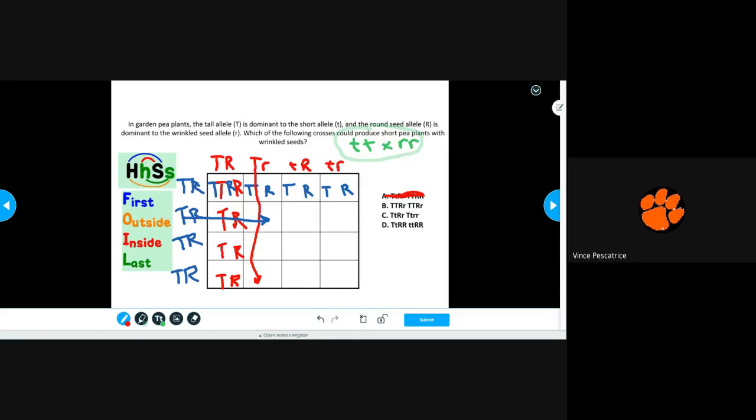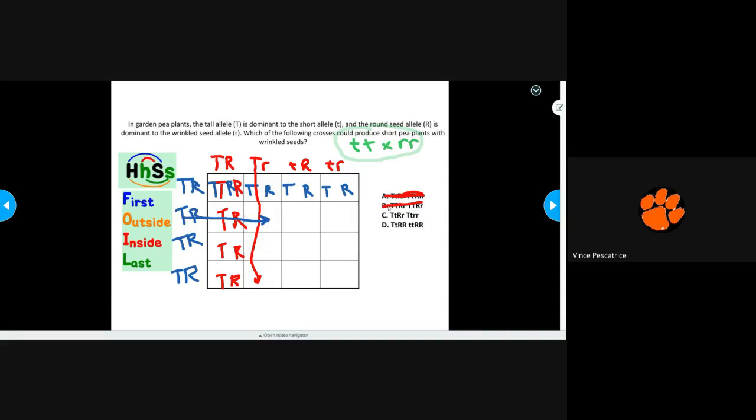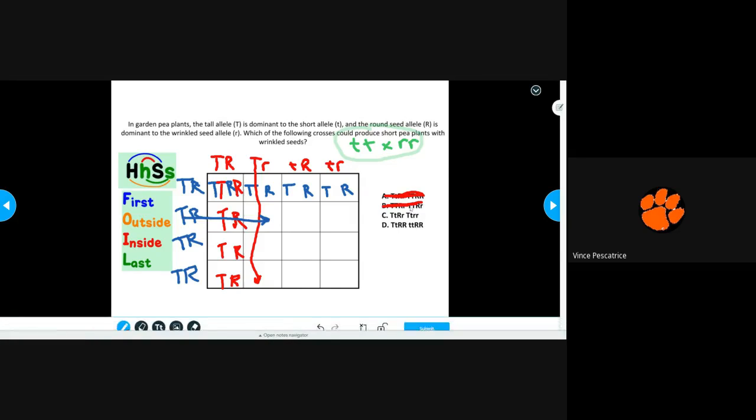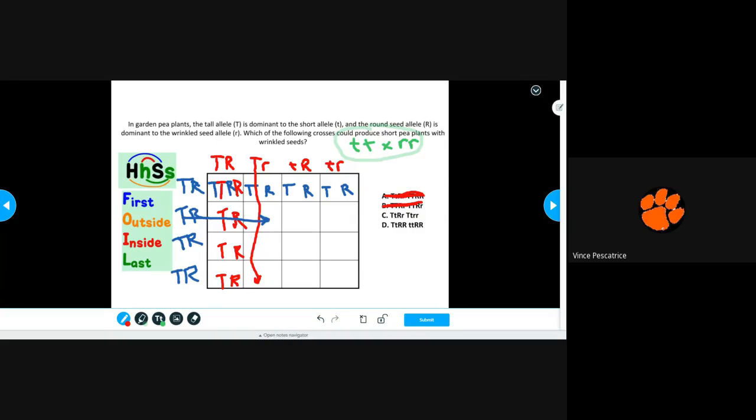And that's not what we're looking for. We're looking for 2 lowercase t's to be produced. So that's not possible in this box either. To save us some time, and you don't have to go through and do this every time, I'm trying to show you that you won't be able to produce anything that looks like this up here.